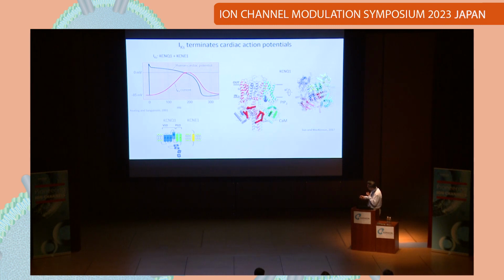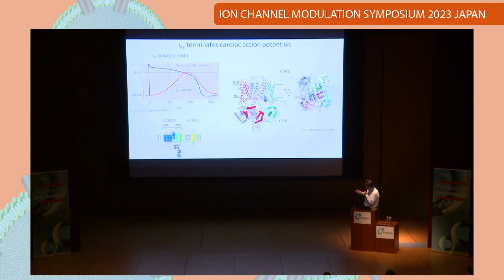The IKs channel is formed by the voltage-gated potassium channel KCNQ1 alpha subunit, and then the regulatory KCNE1, which was nicely introduced by Koichi already. The KCNQ1 channel is a canonical voltage-dependent channel. That means that it has a voltage sensor, has a pore in the membrane, and also it has this so-called domain swapping structure.